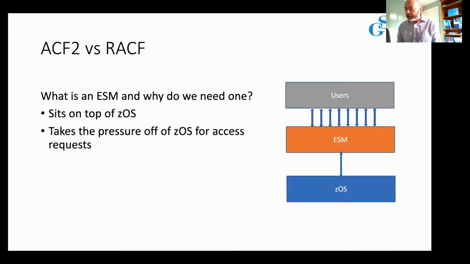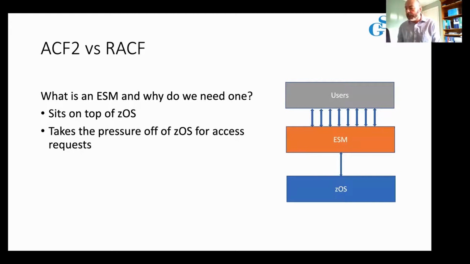As you can see by the very simplistic graphic, lots of users are asking the ESM if they can have access. The ESM validates that access or denies it, depending on the return it gets, and allows access through to z/OS if required.